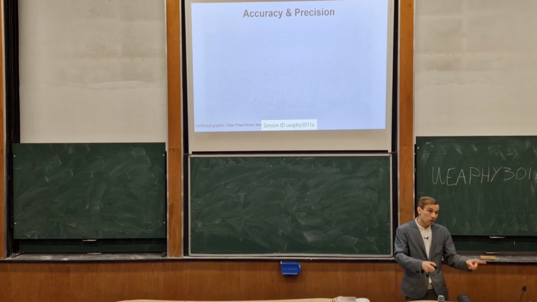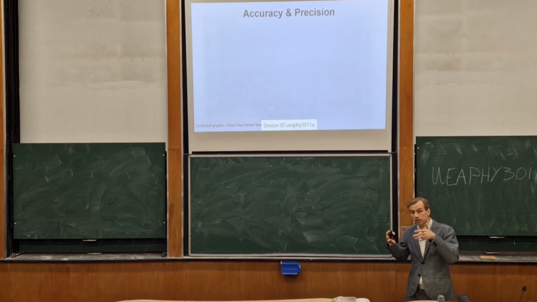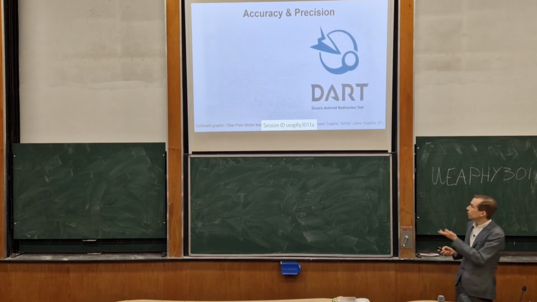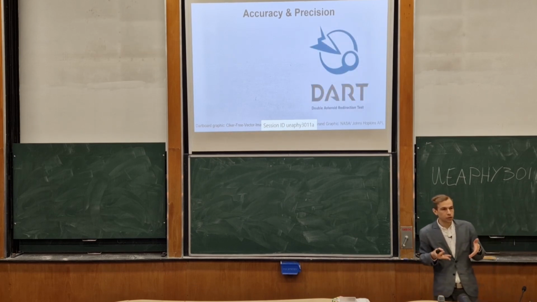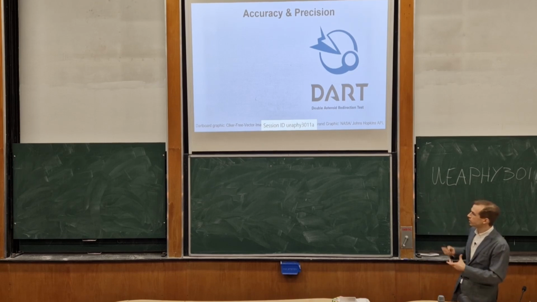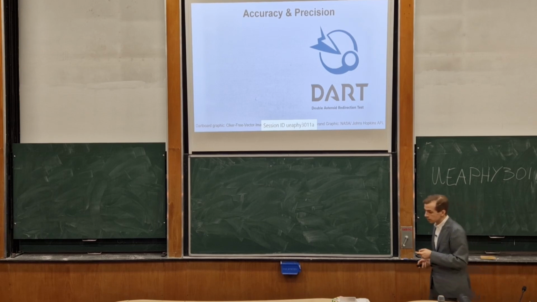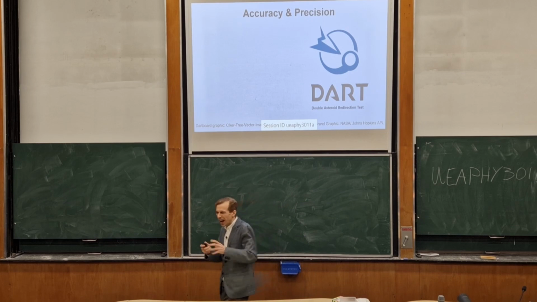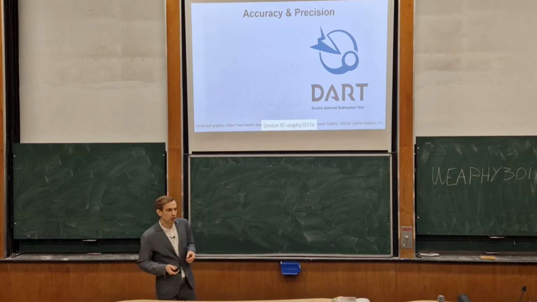So I mentioned on Monday that there was that NASA DART mission that crashed into the asteroid. And we actually use dartboards to illustrate these concepts. So I thought there was a nice connection there, because if you're that NASA DART mission, clearly you need to be accurate and precise. So I couldn't resist drawing that comparison. But what does accuracy and precision actually look like in terms of concepts?